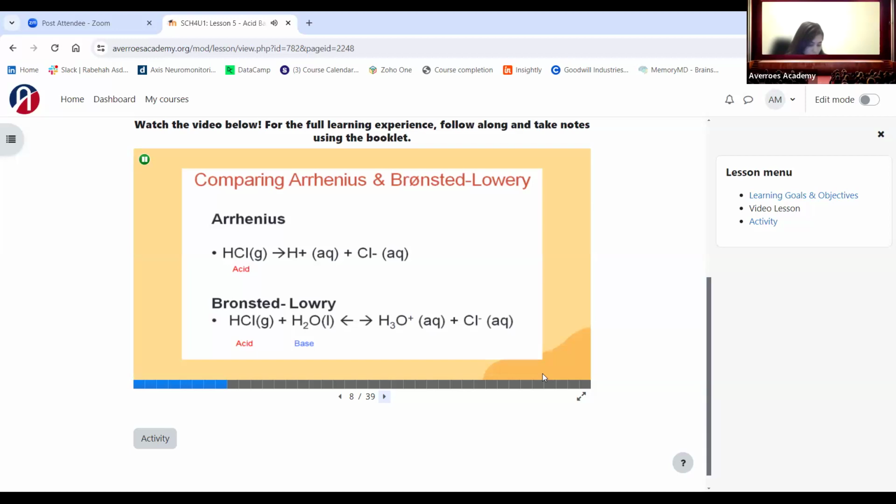And the reverse reaction is a proton transfer from the hydronium ion to the Cl-, or sorry, to the H3O+. So this equilibrium is typical of all Bronsted-Lowry acid-base reactions. There's always going to be two acids and two bases in any acid-base equilibrium. We call this a conjugate acid-base pair. And we'll talk a bit more about that.